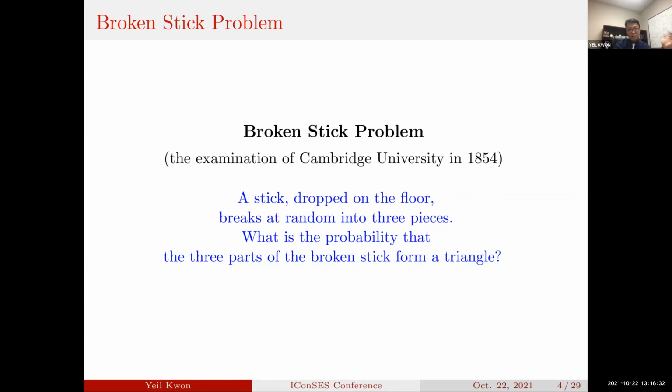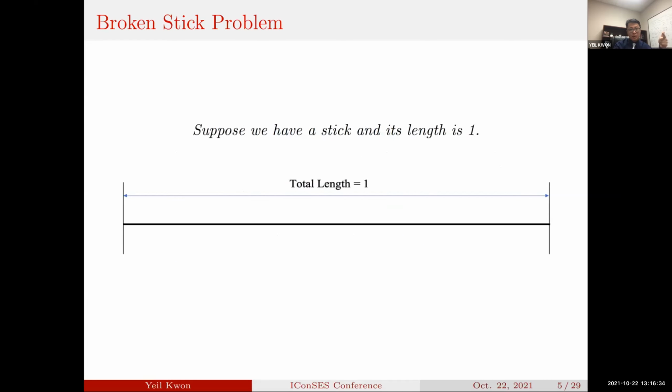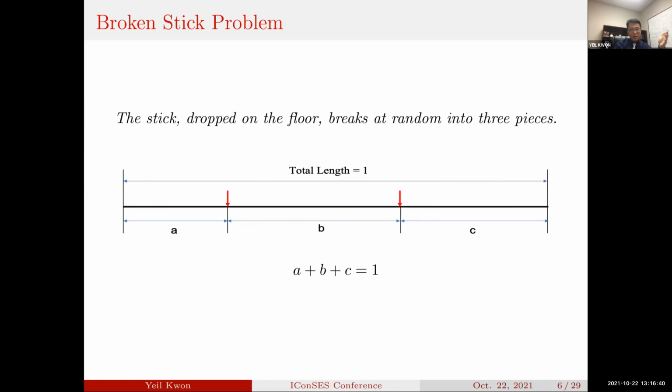It is impossible physically, so just imagine we have a stick of length 1, randomly broken here and here into 3 parts. To make our calculation easier, let's say the total length is 1.